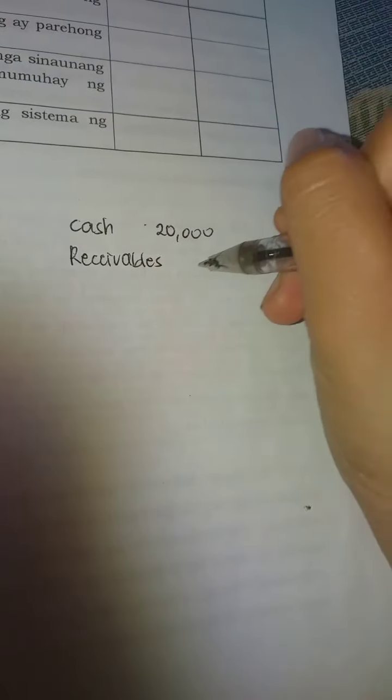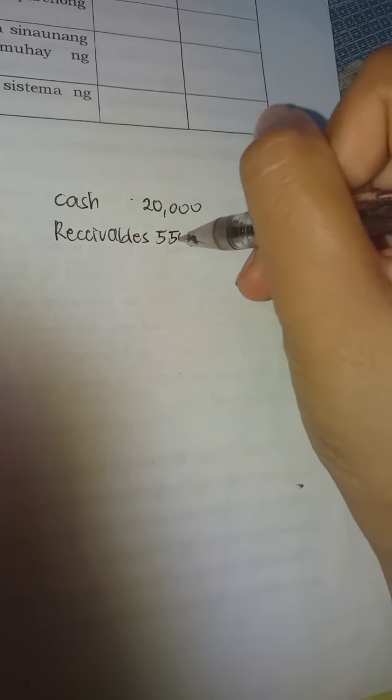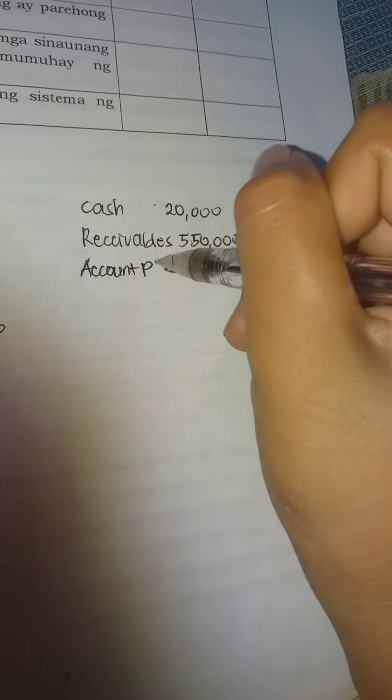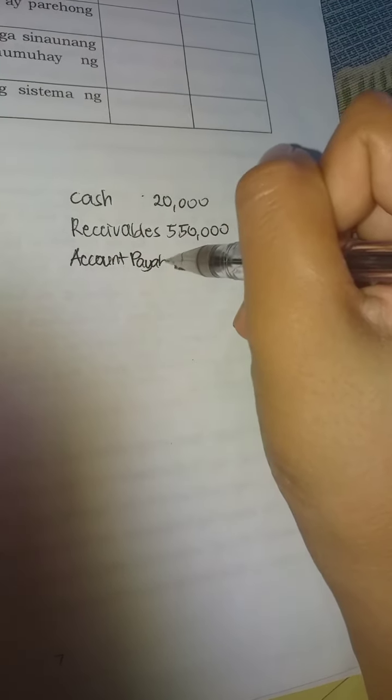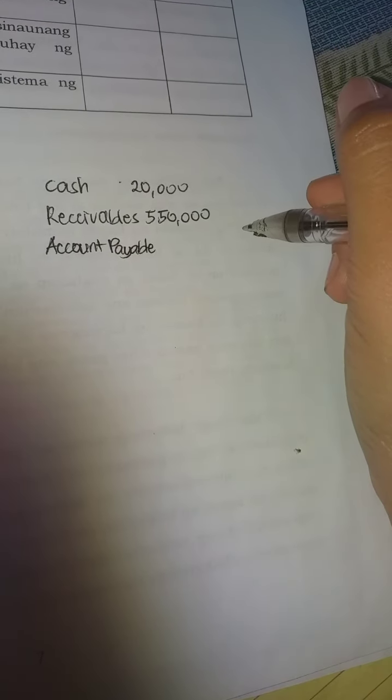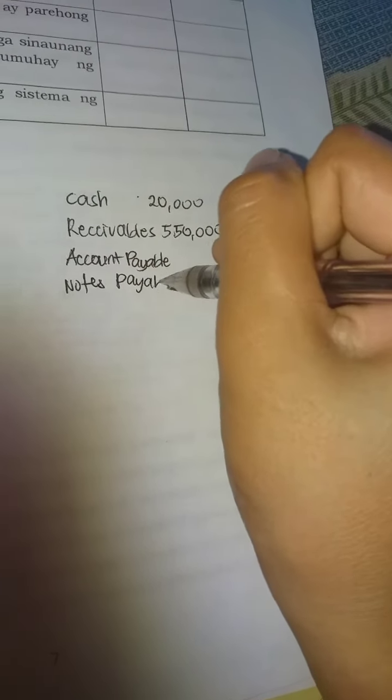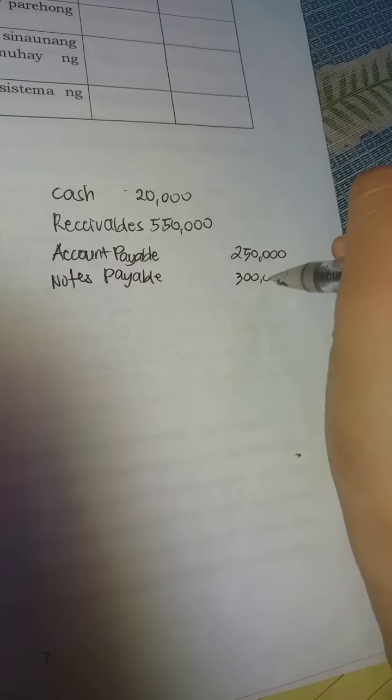For cash, we will be using 20,000 pesos. Receivables is 550,000 pesos. For accounts payable, 250,000 pesos, and notes payable is 300,000 pesos.